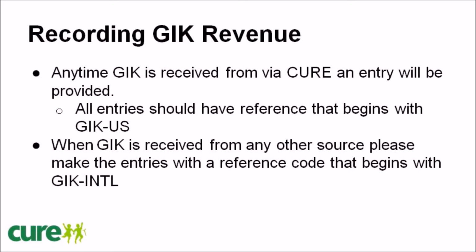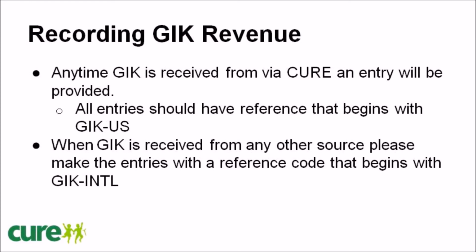In order to simplify this process, beginning July 1st, when a shipment is sent to the hospital from CURE, we will be providing a detailed listing of what is included in the shipment and will be sending an entry to record the shipment. This entry should have a reference that begins with GIC-US. This will help us clearly see that this was GIC sent from CURE.